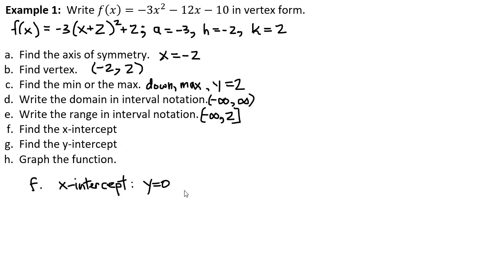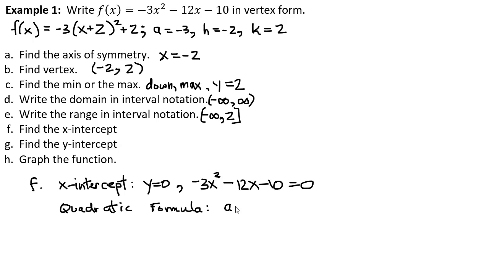In part F, we want to find the x-intercept, and that happens when y equals 0. Remember, y equals f of x. So that is when minus 3x squared minus 12x minus 10 equals 0. Now you can't factor this, so you're going to have to use the quadratic formula, and that will be when a is equal to negative 3, b is equal to negative 12, and c is equal to negative 10.